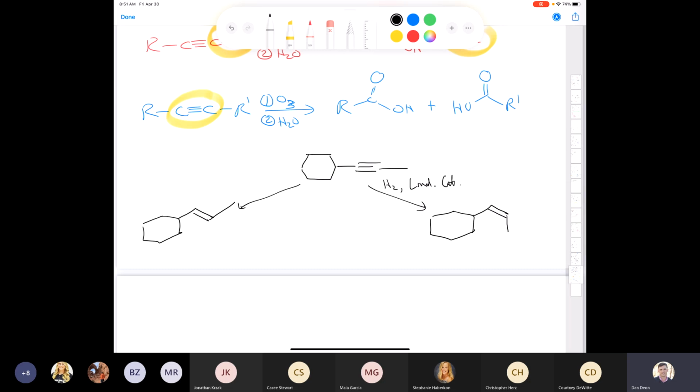And then the trans reduction is done with sodium metal in liquid ammonia. And then if you just blow the whole heck out of it, using hydrogen and nickel as a catalyst, you got it from a margarine factory, you'd end up with propylcyclohexane.